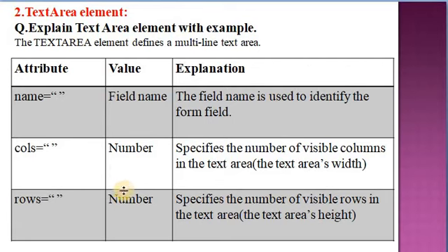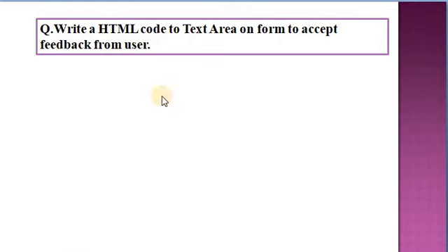The value is a number, so cols specifies the number of visible columns in the text area, meaning its width, and rows specifies the number of visible rows in a text area, meaning its height. These are the three attributes: name, cols and rows. Let us see one example of a text area.